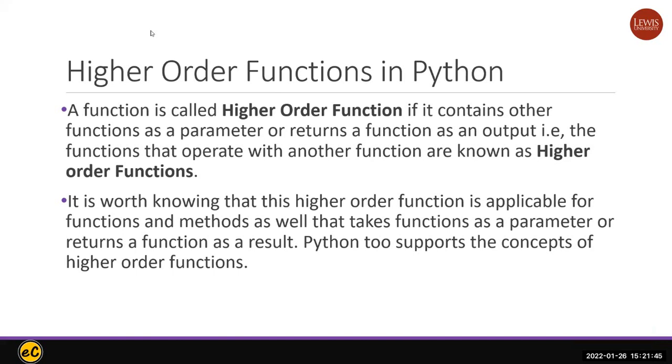For example, functions that operate on other functions are known as higher order functions. It is worth knowing that this is applicable for functions and methods as well, that take a function as parameter or return a function as a result. Python supports the concept of higher order functions.